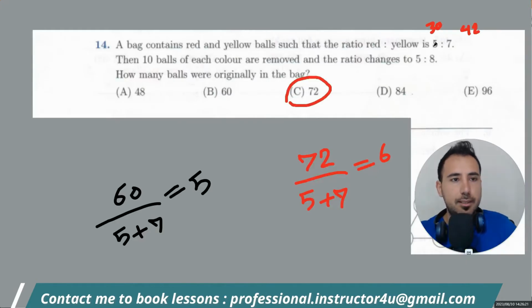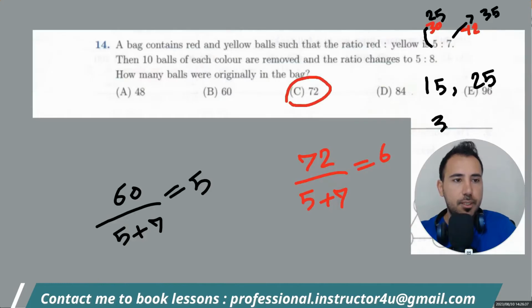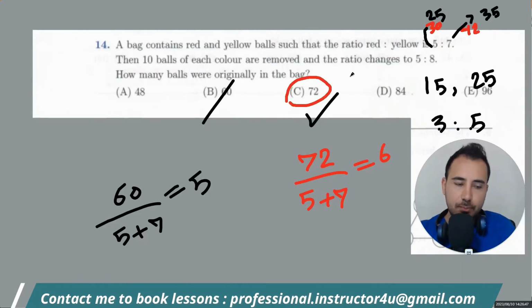So that means initially we had 25 reds and 35 of this yellow. We remove 10 from both of them, which will be 15 and 25. Dividing both of them by 5 will be 3 and 5. So as you see now, the ratio is 3 to 5, not 5 to 8. So 60 is not the answer, and 72 is the right answer because I was lucky.